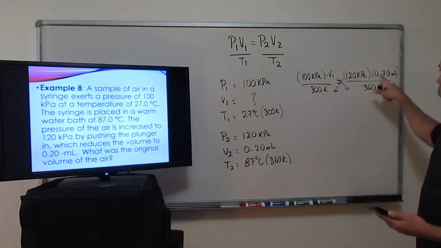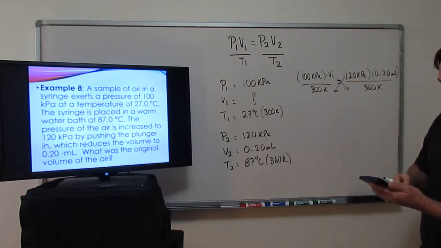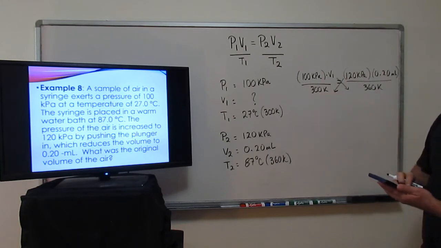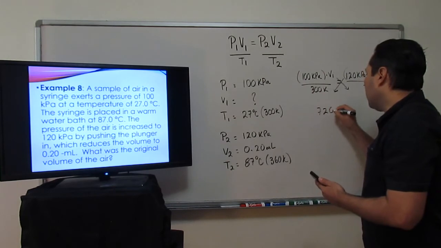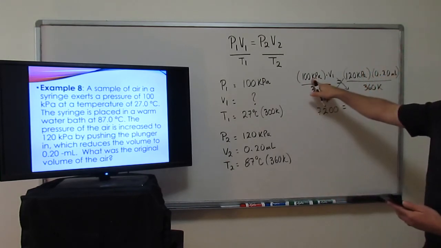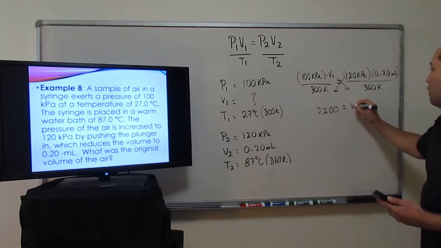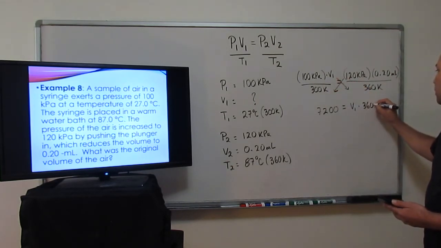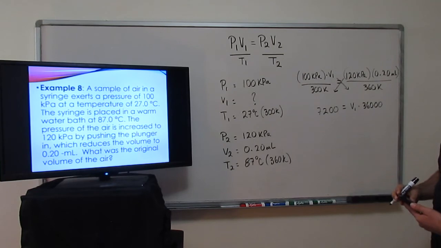So it's going to be 0.2 multiplied times 120 multiplied times 300, and that gives us 7,200. On the other side, it's going to be 100 times V1 times 360, so that will give us 36,000.